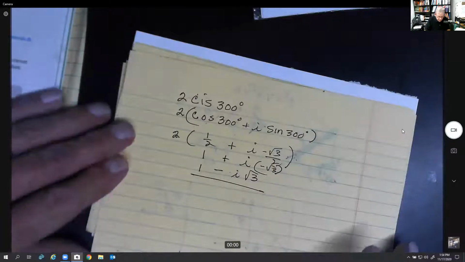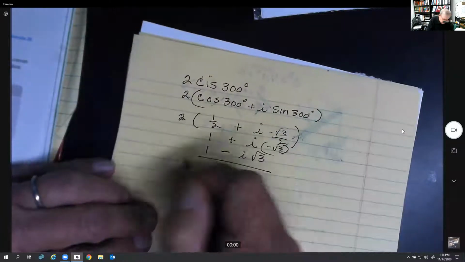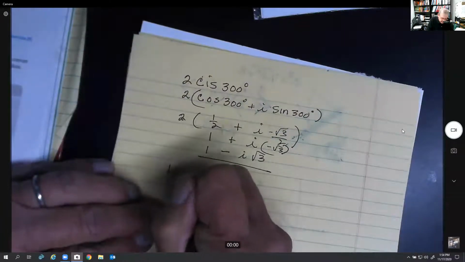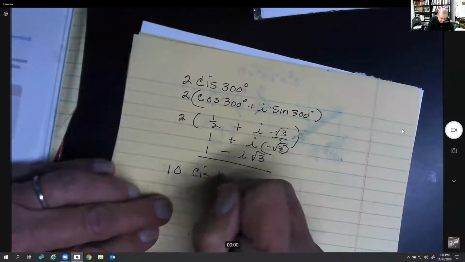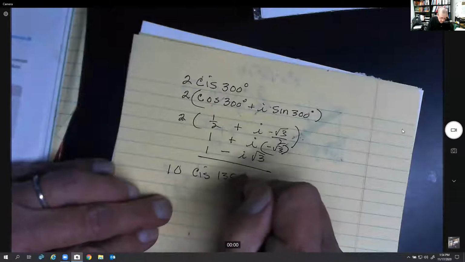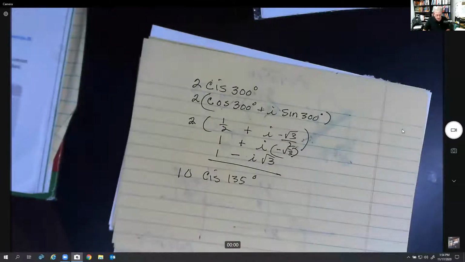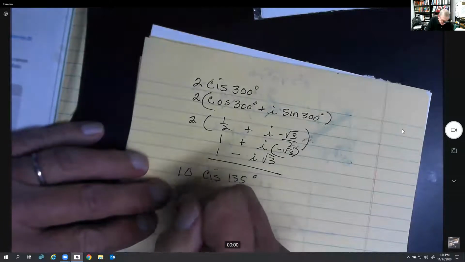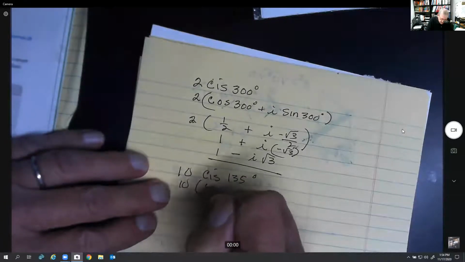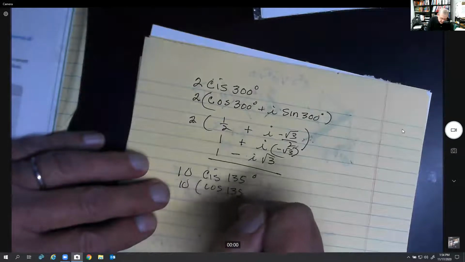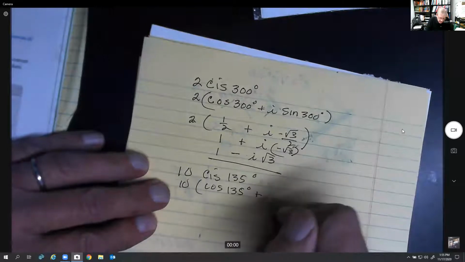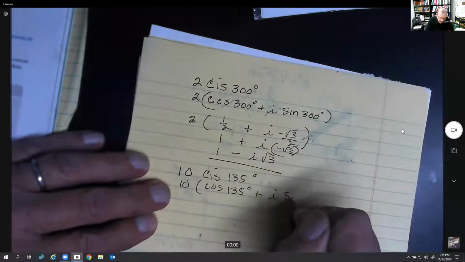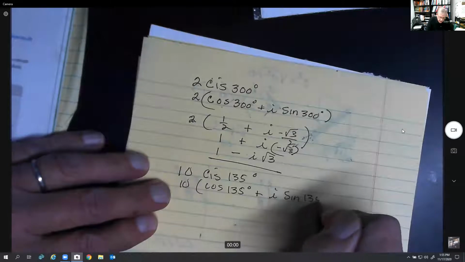So let's try another one. Suppose you had 10 cis 135. We want to convert that so it makes a little more sense. It's 10 times the cosine of 135, just in different notation that we're not used to as much, plus i sine 135 degrees.